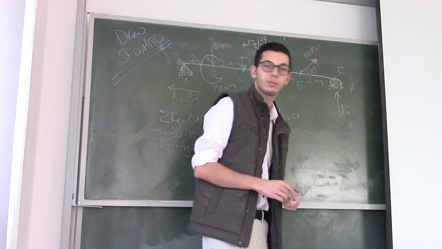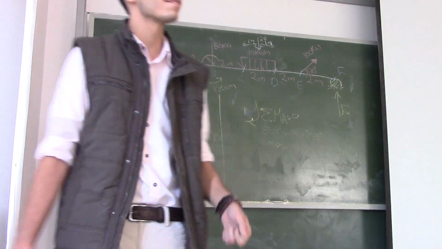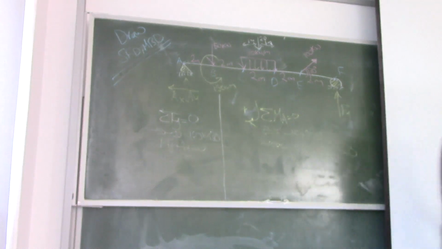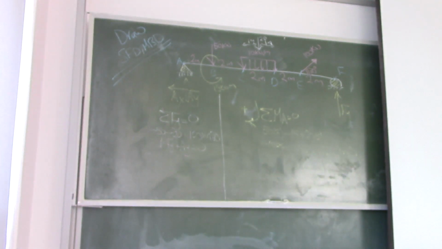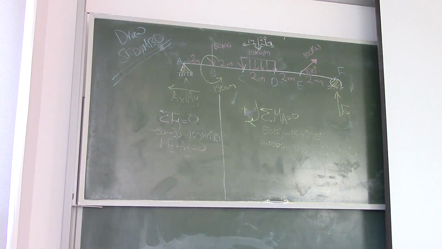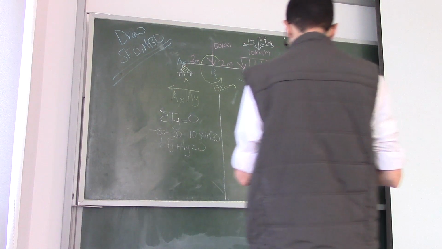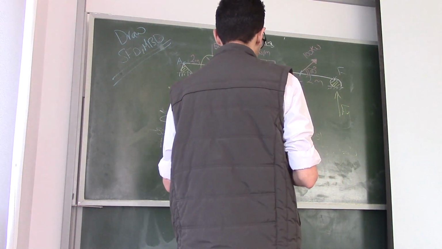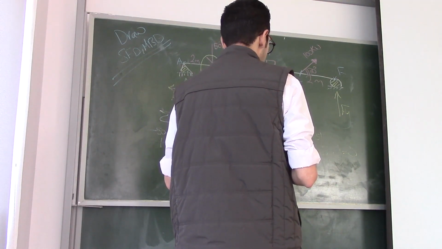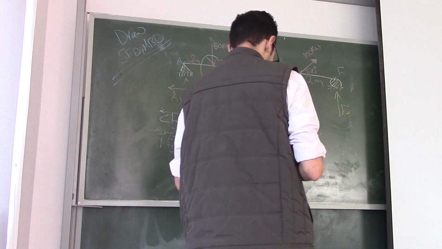I think it's 21.5. So 100 minus 15, minus 50, divided by 10.